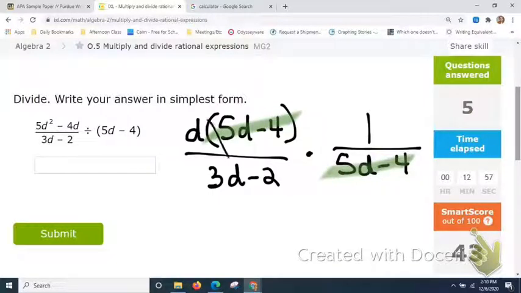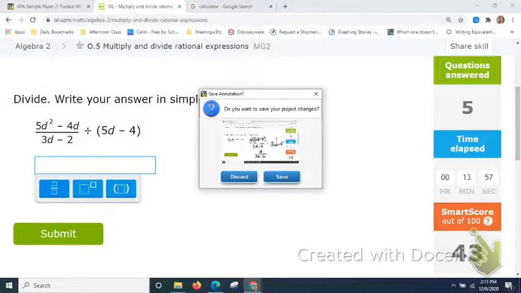Don't be tempted. I know you might be tempted, but do not try to cancel those d's. This d at the bottom isn't just 3d. He's 3d minus 2. So we can't cancel a d out of that. So this is d on the top, because d times 1 is d, and then 3d minus 2 in my denominator. So a d on the top, that's what was left after I canceled.